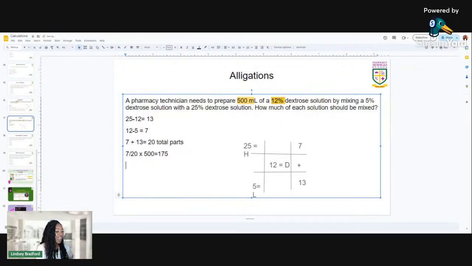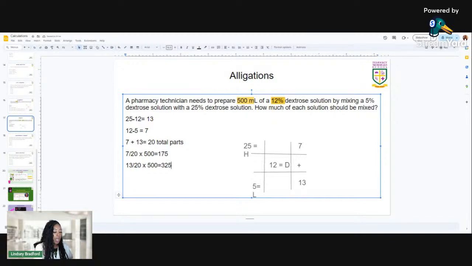And then the next thing after that is the same process. 13 over 20 times 500. And like I told you the last time, it's not going to always be the same numbers, but the steps will never change. And the answer is 325. How do I know that my answers are correct?